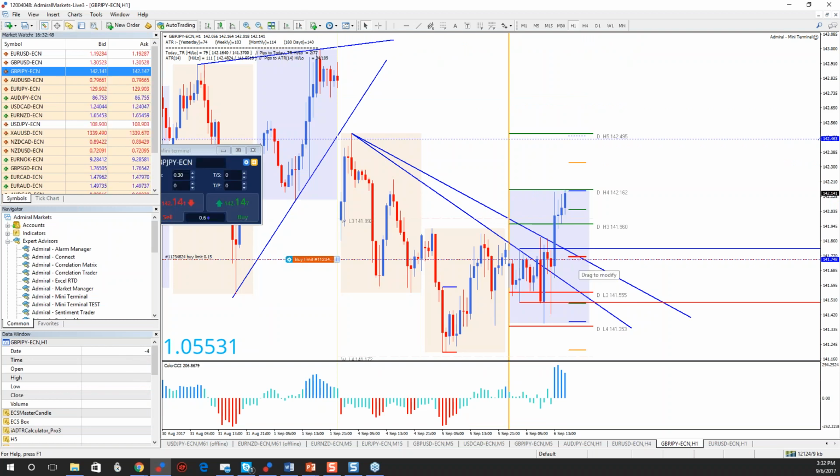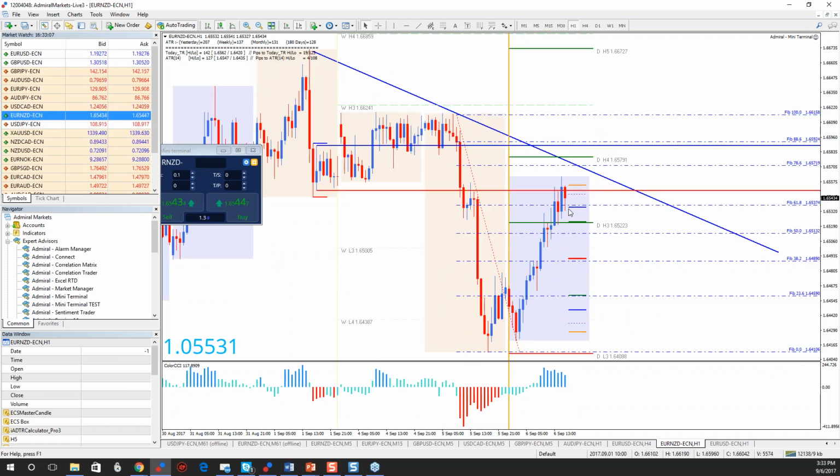Trades should be valid until later. I just will be very careful after the CAD rate decision, but it will have a bigger impact on GBP yen than on Euro dollar. But I will be paying attention to that. And Euro New Zealand should not be affected that much, but there will be volatility. So please protect your profits once you are in profit.